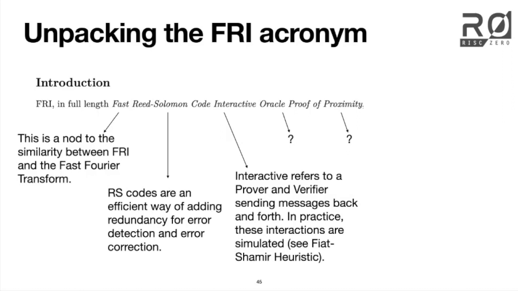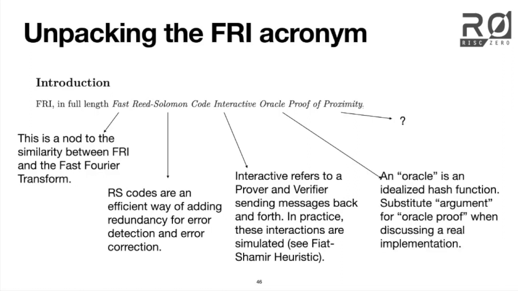The word interactive here refers to sending messages back and forth between a prover and a verifier, although in reality these interactions are simulated. So we run a non-interactive oracle proof or a non-interactive argument. The term oracle refers to a mathematical idealized version of a hash function, more or less.